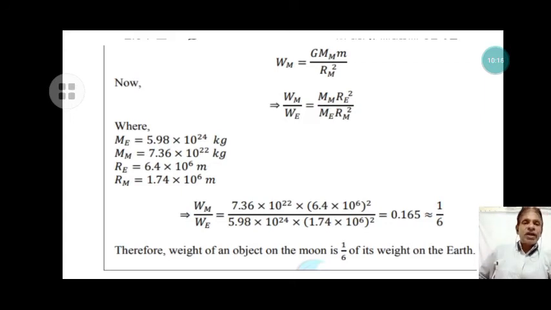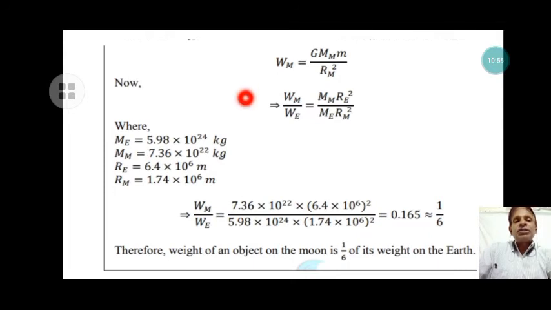Now dividing the weight of the object at the moon by the weight of the object at the earth surface, W_m by W_e is equal to this ratio, and putting the values into the equation, M_e is equal to 5.98 into 10 to the power 24, that is about 6 into 10 to the power 24 kg, the mass of the earth.